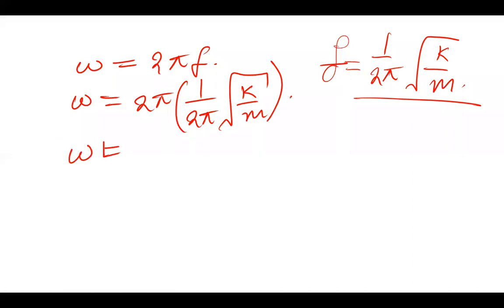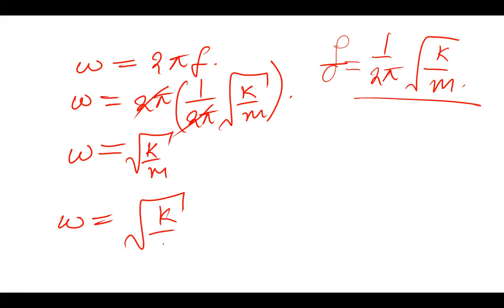So the angular frequency will now be equal to, just replacing f by that, 1 over 2 pi times the root of k over m, in brackets, multiplied by 2 pi. That 2 pi and the other 2 pi will cancel, and we're just going to remain with the root of k over m. So this is the formula for the angular frequency. The angular frequency, represented by omega, is simply equal to the square root of k over m.